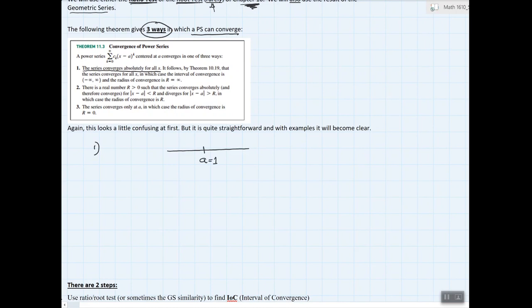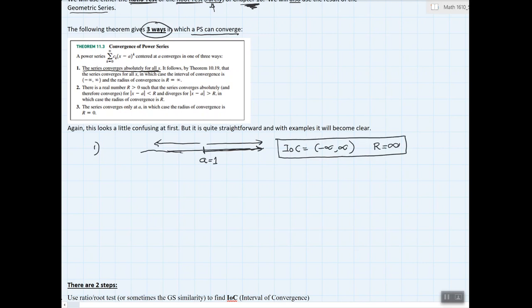Then if the series converges for all x, that means your interval obviously is minus infinity to infinity, because for all x, all these values, it converges. And if the interval is this, then the radius, the distance from here to infinity, is infinity. So this is one possibility, and that's what he's talking about here.